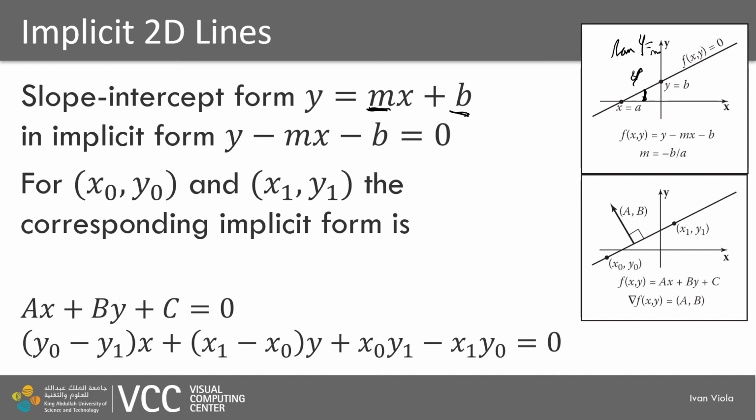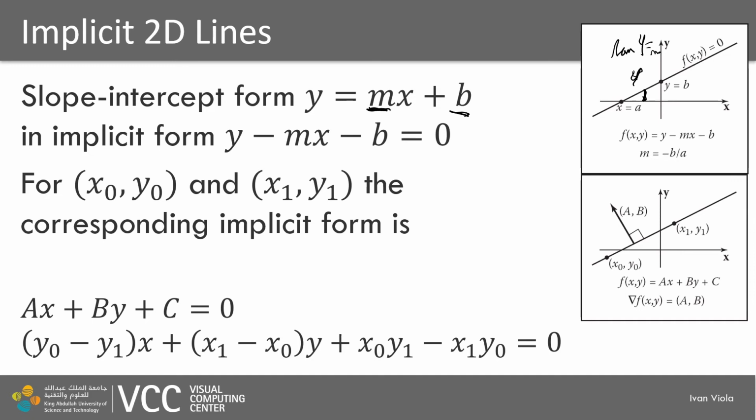But this is not the only form in which we can define a line. By putting all the terms onto the left-hand side, we can again create an implicit form of a line.